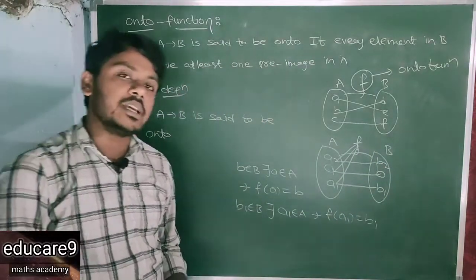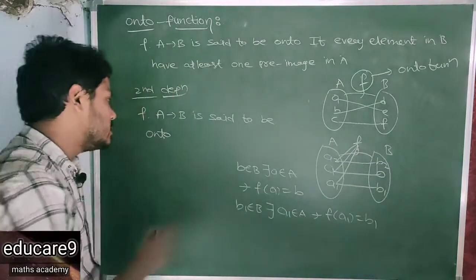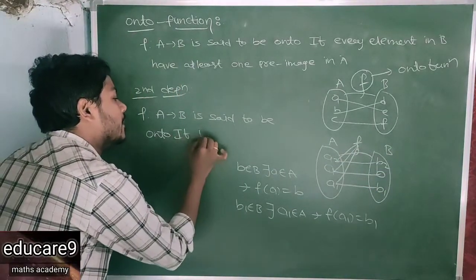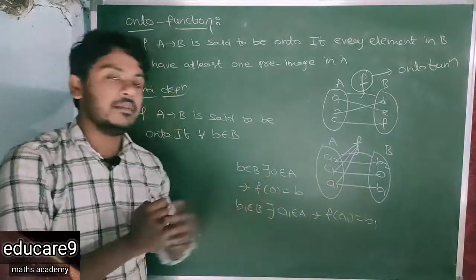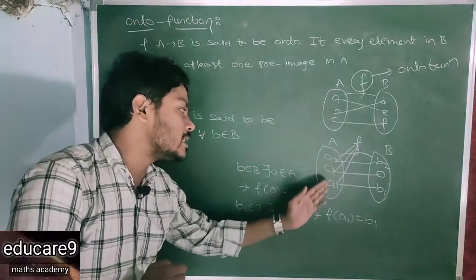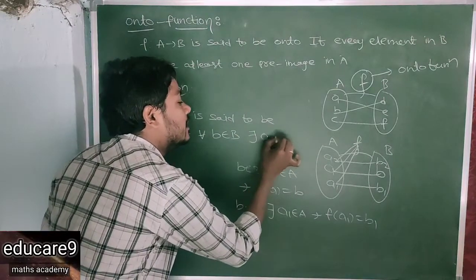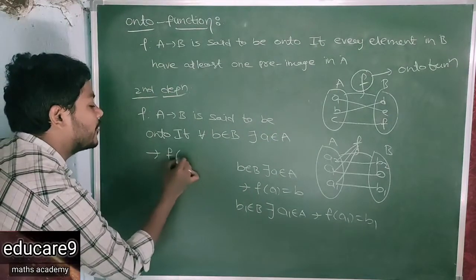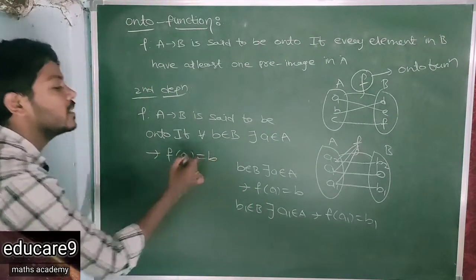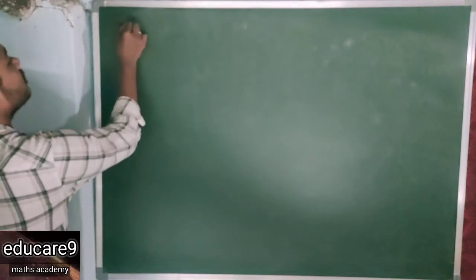So from this we can say that for every b belongs to B, if you take any element in B, then definitely there exists some a belongs to A, such that f of a is equal to b. Then only f is called an onto function.